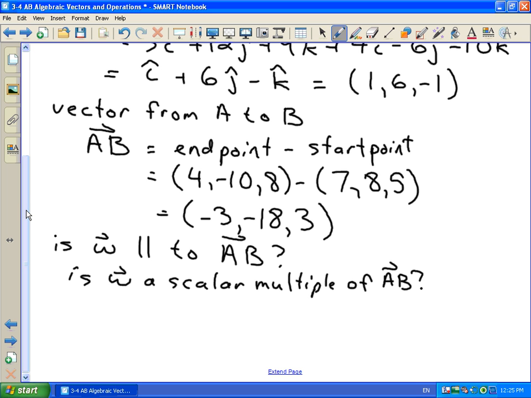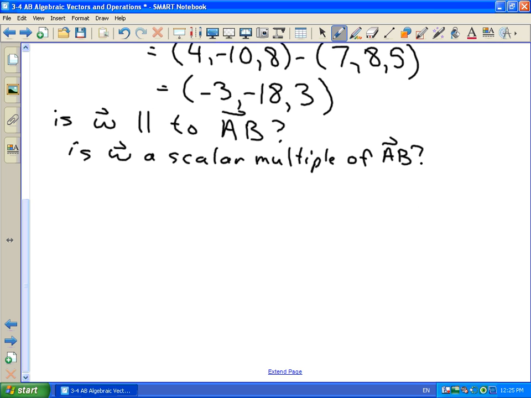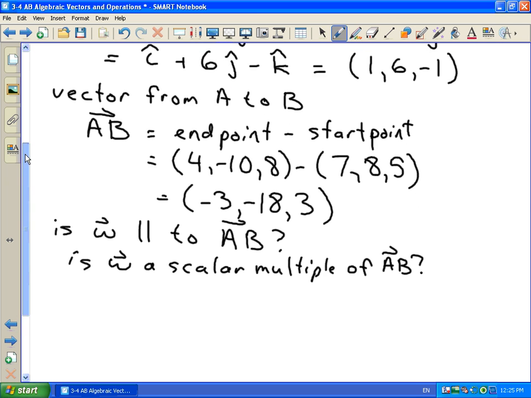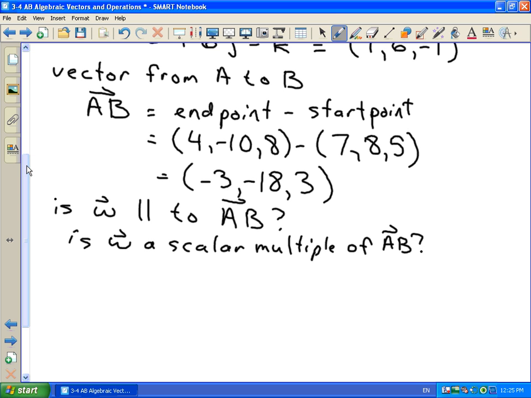Well, how can we answer this? Let's see. If w is a scalar multiple of AB, that means that there is some scalar, k, that when we multiply w by this, we can get the vector AB, where this is a scalar.